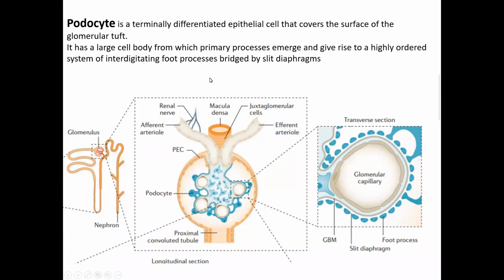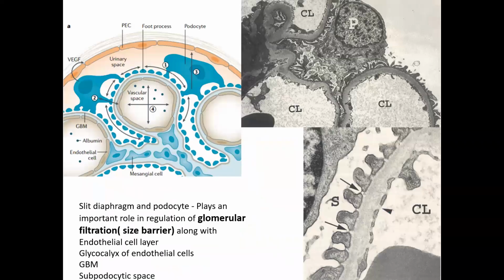The slit diaphragm is also very important to understand the pathology. The slit diaphragm, along with the podocytes, plays an important role in the regulation of glomerular filtration. This function is carried out along with the other layers, like the endothelial cell layer, the glycocalyx of the endothelial cells, the glomerular basement membrane, and the subpodocytic processes.